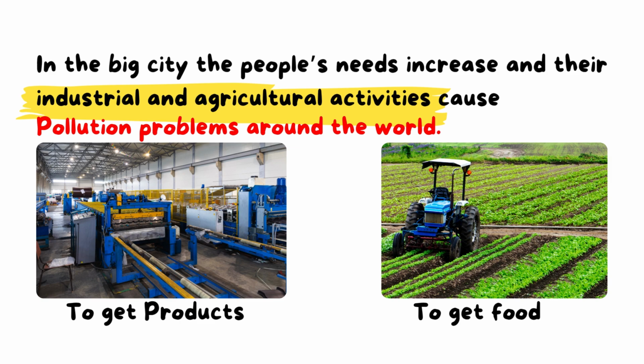Yes, factories. So they need more factories, industrial activities to get the products they need. And agricultural activities like farms and fields, to get food, vegetables and fruits.